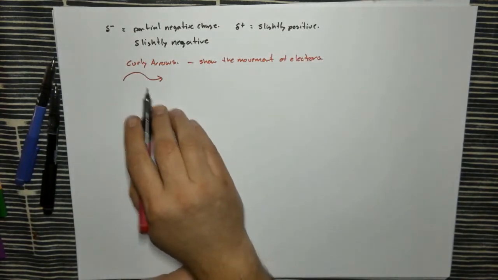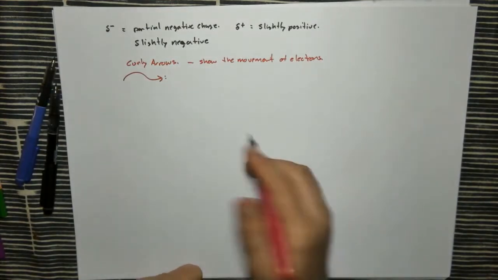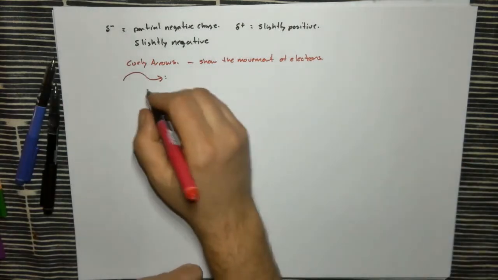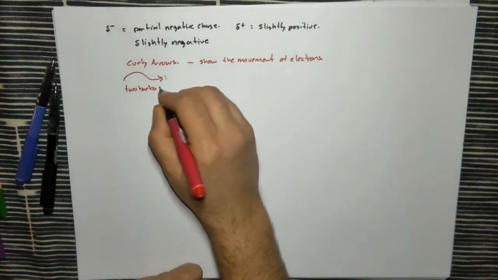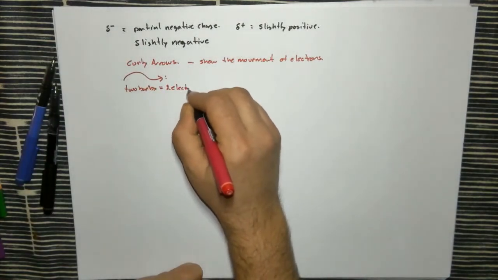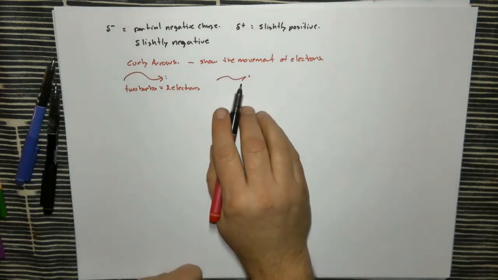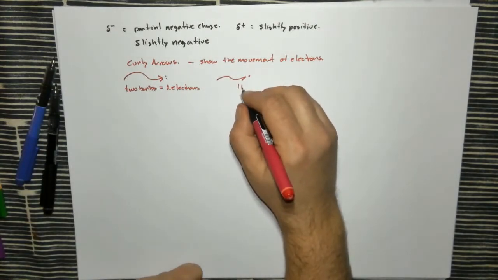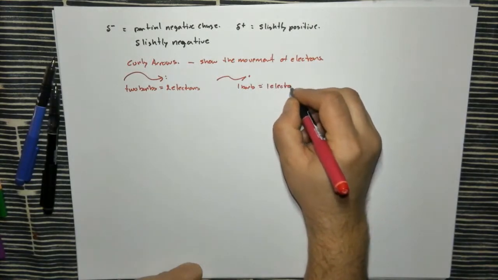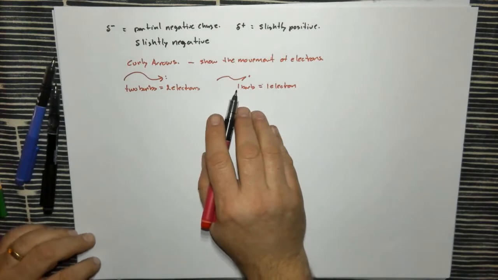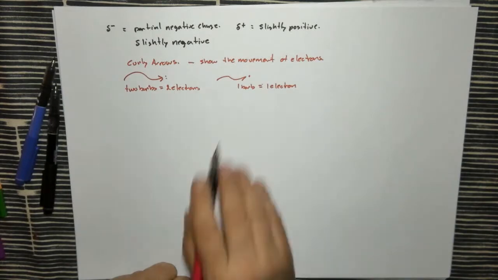This arrow, which has two barbs, indicates the movement of two electrons. And if you have another arrow that has only one barb, then one barb equals one electron. These are a little more uncommon in the type of chemistry we're going to talk about, but I will mention them in the future.